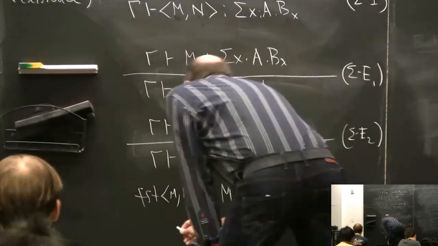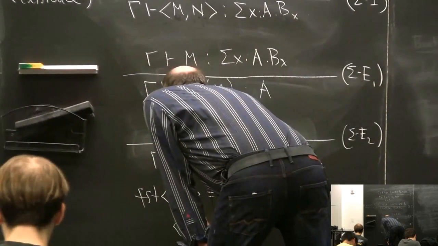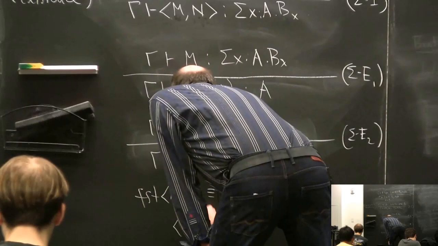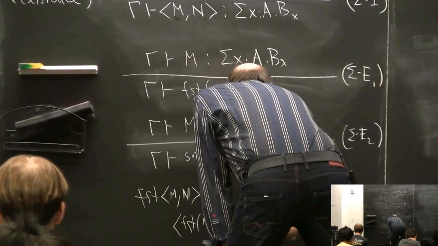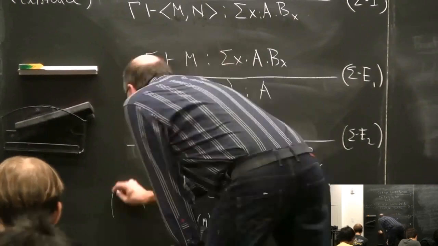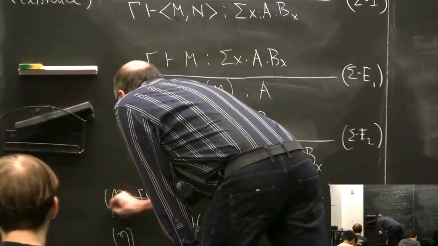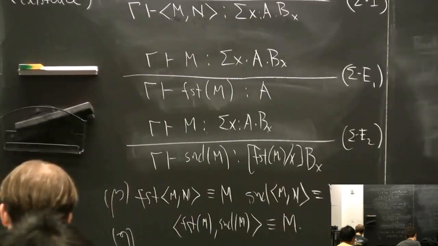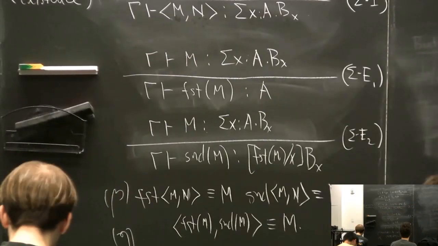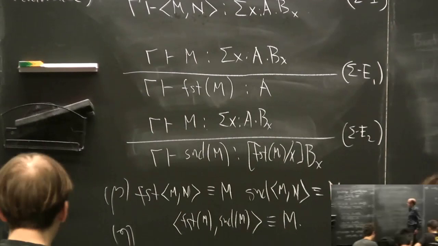And then we stated if we wanted the eta rule, we could do it here. So these would be the beta, these would be the eta. And of course, I really have to fill in all the types and stuff, but I'm assuming you can do all that. Okay, so that's what we would state here.